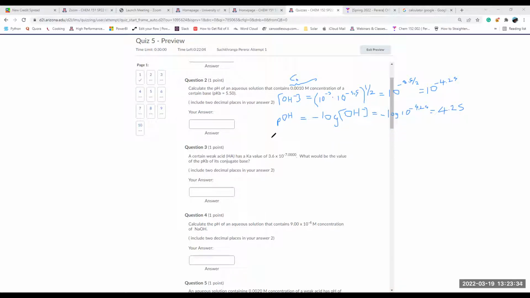You know that at 25 degrees Celsius, pH plus pOH is equal to 14. Therefore, pH is equal to 14 minus 4.25, which is 9.75.